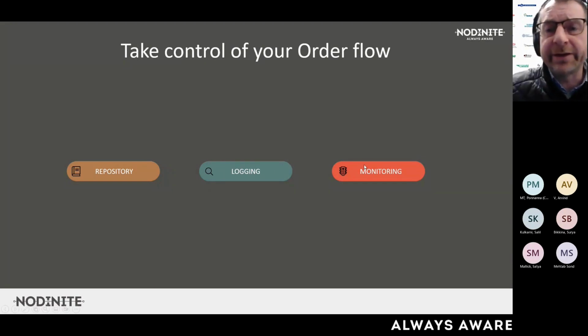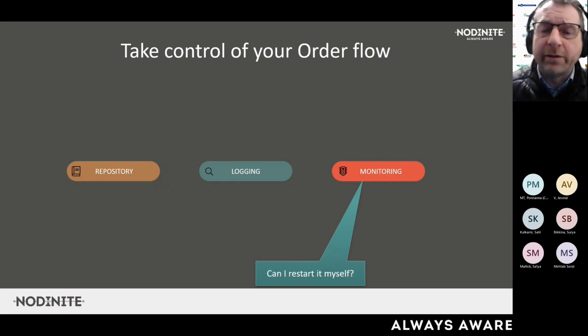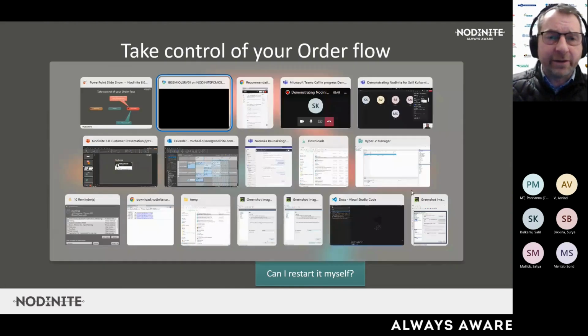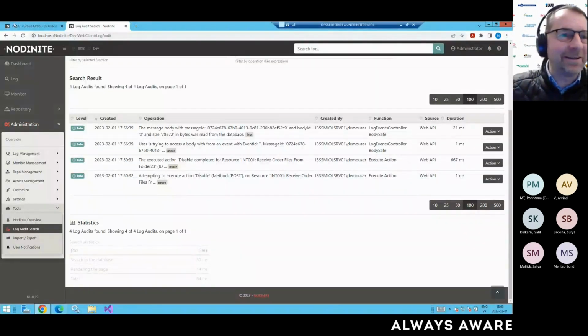So let's jump to monitoring. Obviously you already saw in my first part with the repository where from the interactive landscape, I restarted or stopped the receive location in that case. Maybe I want to get an alert if the order response... You remember I had groups, and I opened a group with order response, but let's go back actually.